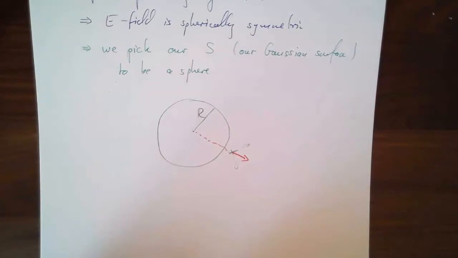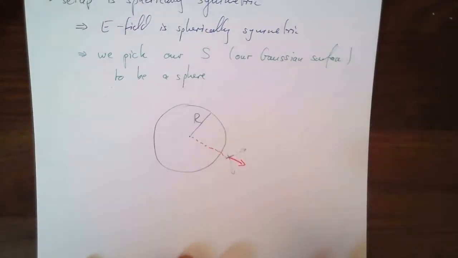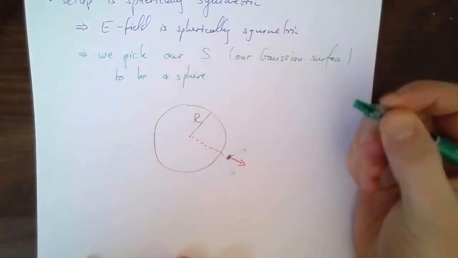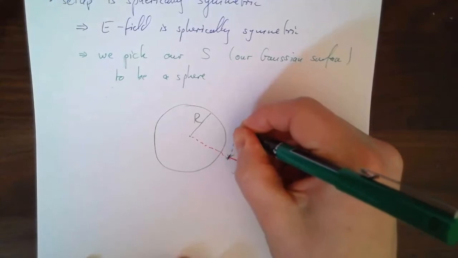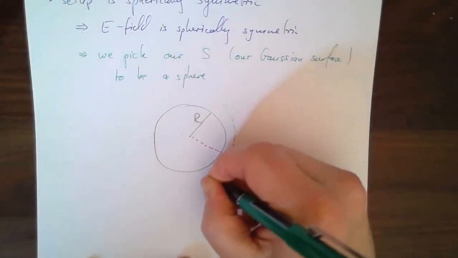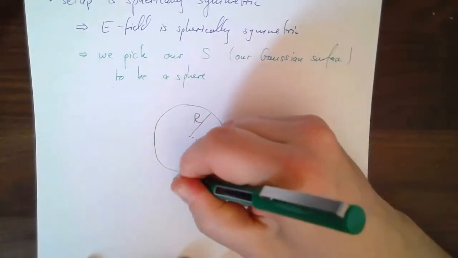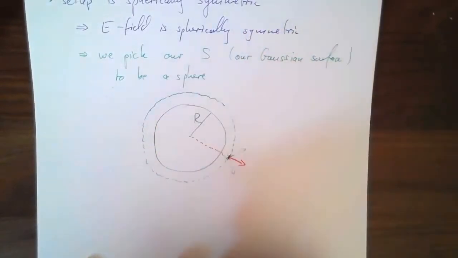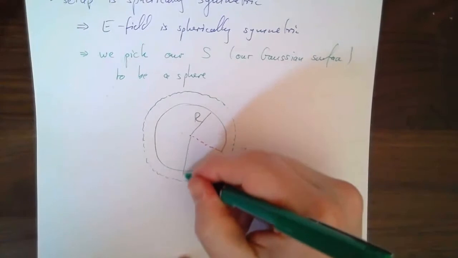Let's pick our surface S. I want our surface S to match the symmetry, so it's going to be a sphere. And I want it to go through this point here. So we're going to pick our surface S to be a slightly bigger sphere of, in this case, radius r.